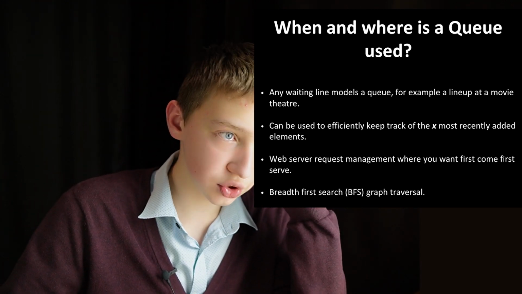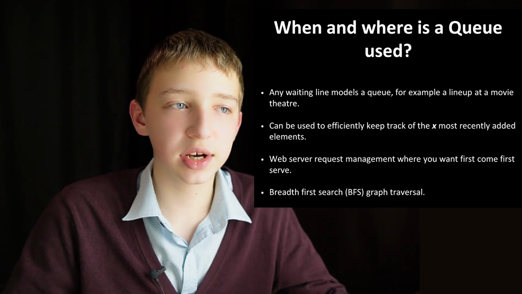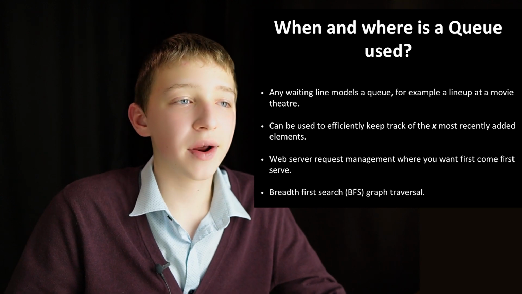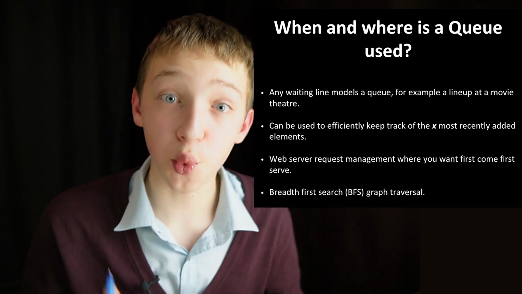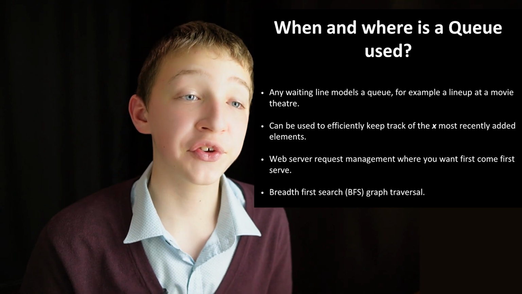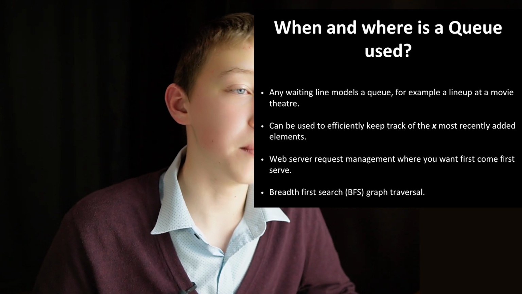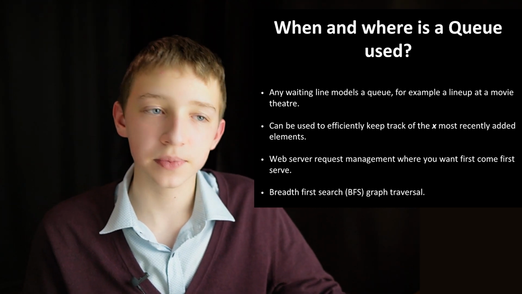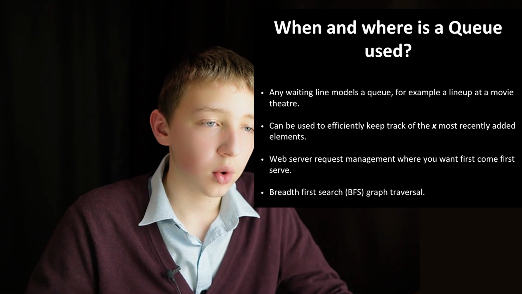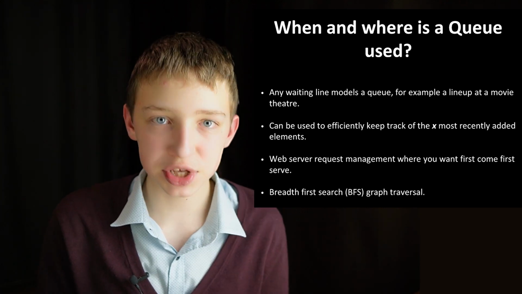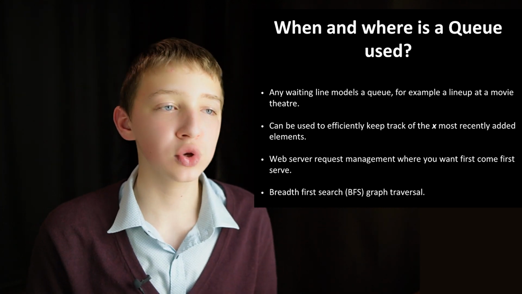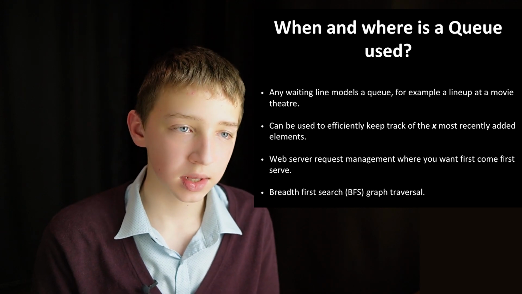And there are also some other practical usages of these queues. They're really useful if you need to keep track of the most recently added items. For example, we want to keep track of the X most recently added elements.